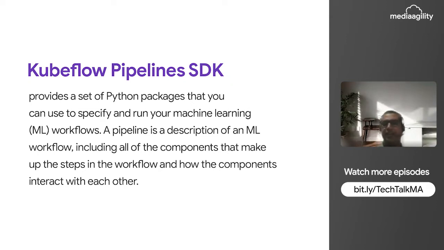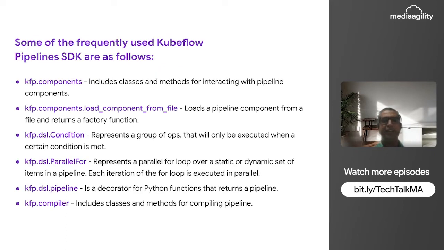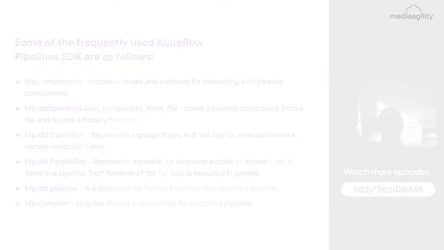As we saw earlier, a pipeline is a description of an ML workflow, including all the components orchestrated together to serve the entire machine learning workflow task. The Kubeflow Pipelines software development kit makes it easy to create the Vertex AI pipeline. Some of the frequently used Kubeflow Pipelines SDK components are as follows.